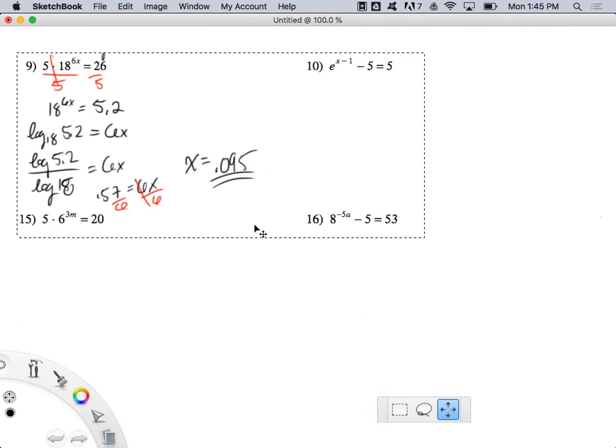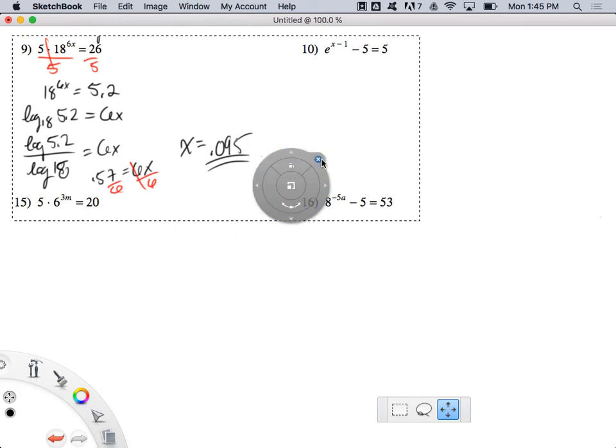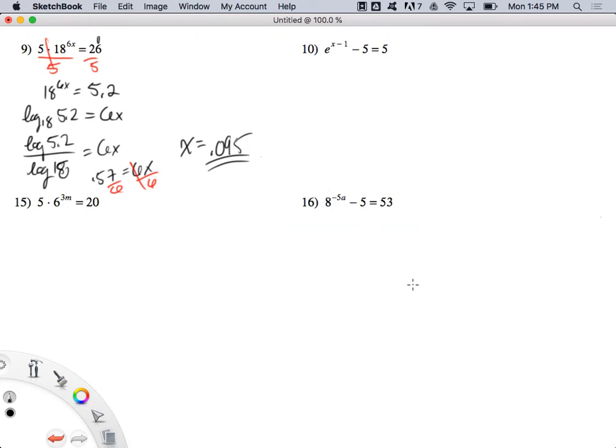So what was the x equals? Could you just write ln for log e? No, you're doing number 15 right now. You're doing number 10 now, aren't you? It's okay. It would be ln though, that's correct.